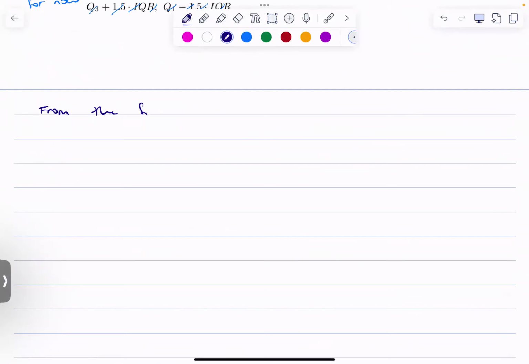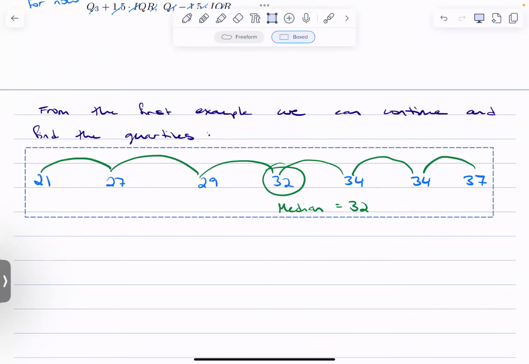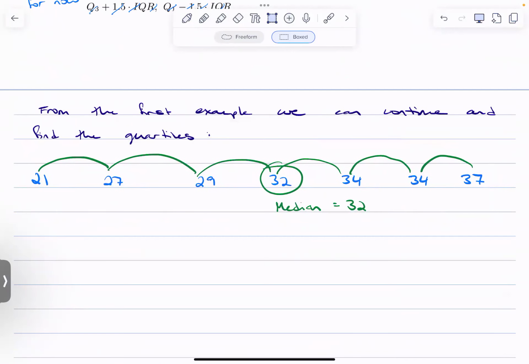From the first example earlier, we can continue and find the quartiles. So I'll paste that in here. You've sorted your data from smallest to largest, you've found your median, then you find your quartiles.